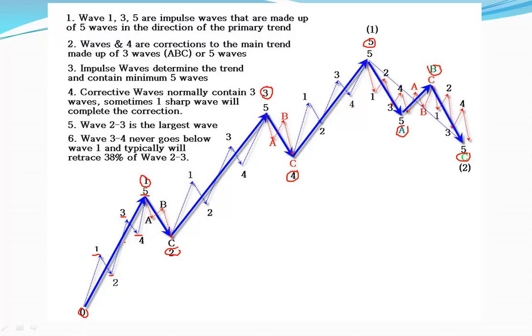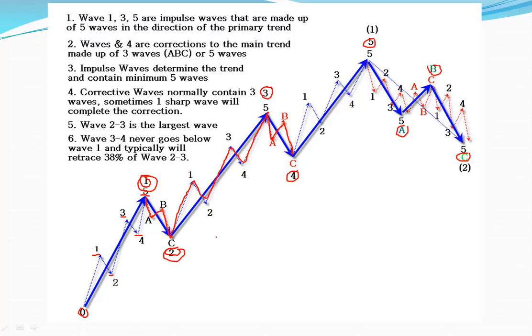And once you get that first swing up, you then tend to get that ABC corrective wave, which actually becomes that 1 to 2. When they continue up in a trend and you get that second series of the five waves, and then one more time that ABC corrective wave, well, let's think about this.